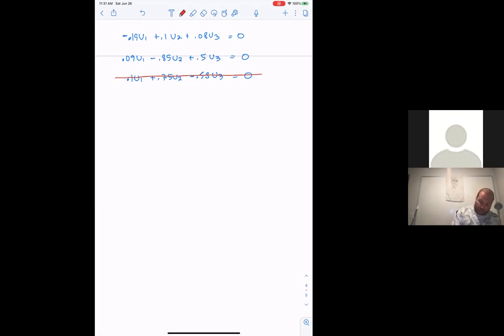What I'm going to do is write negative 0.19, 0.1, 0.08; 0.09, negative 0.85, and 0.5, acting on U1, U2, U3 gives me 0, 0. 2 by 3, 3 by 1 gives me a 2 by 1. Everything works out.